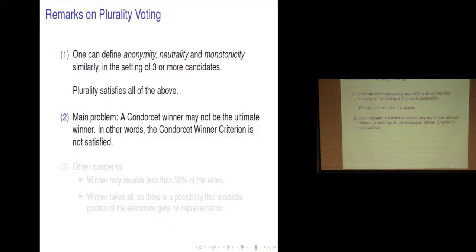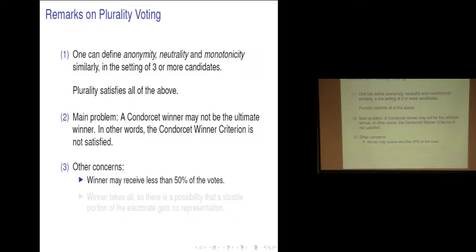So that Mr. A is called the Condorcet winner, right? So the problem for plurality voting is that a Condorcet winner may not be the ultimate winner, right? Although you are better than any single person, in this voting system, you may not be the winner. So this is slightly not so nice, right?